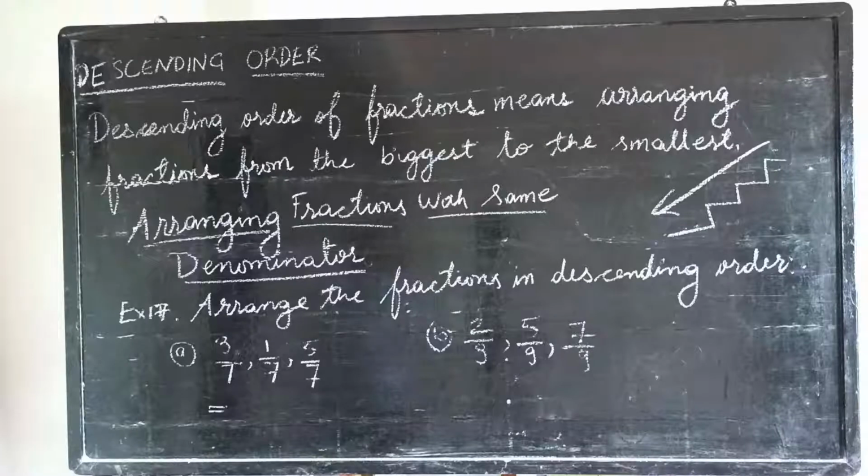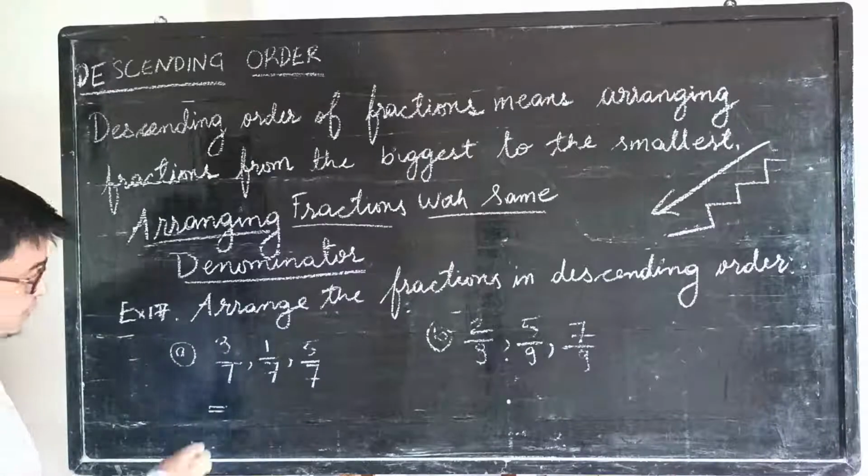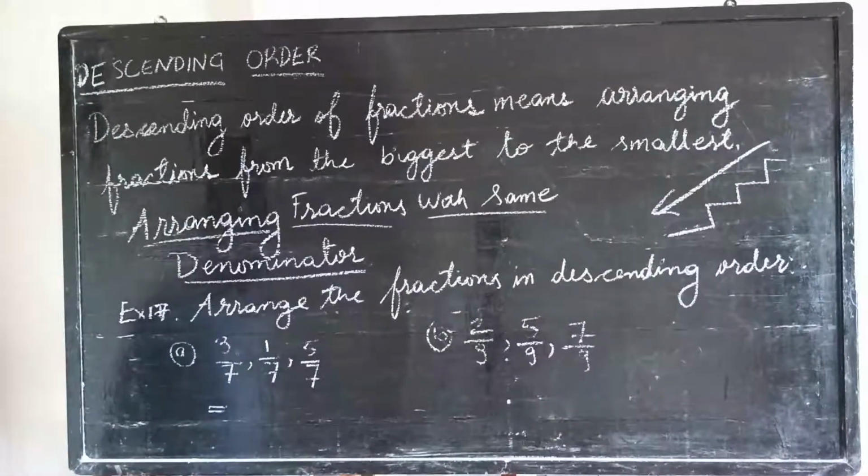Now we know that when the denominators of the fractions are same, the fraction with the bigger numerator is the bigger fraction, and the fraction with the smaller numerator is the smaller fraction.